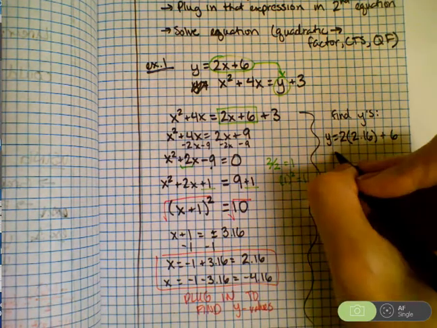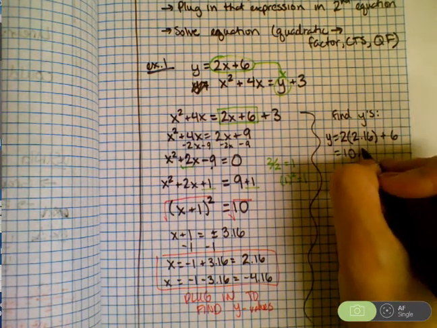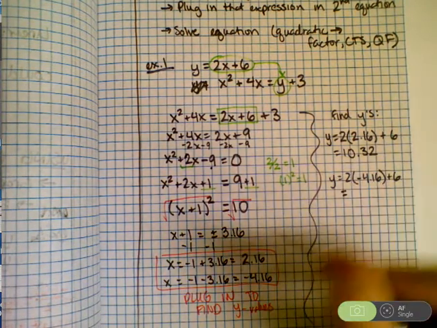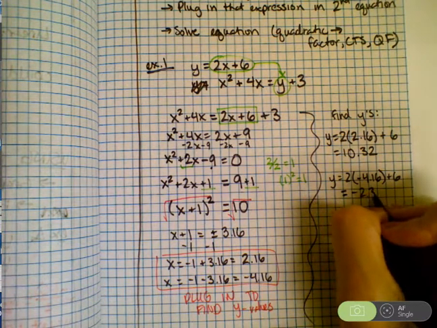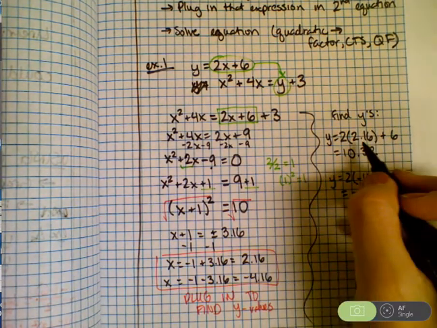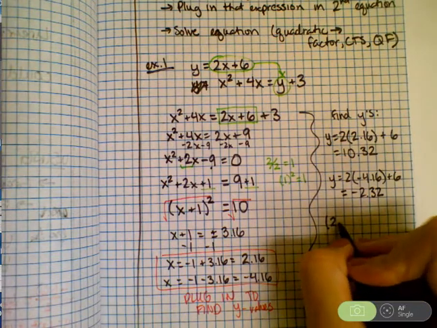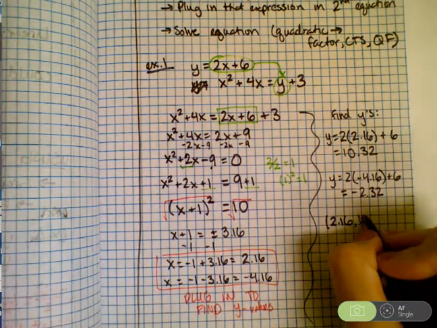And for the first one, I get 10.32. And for the second one, I get negative 2.32.